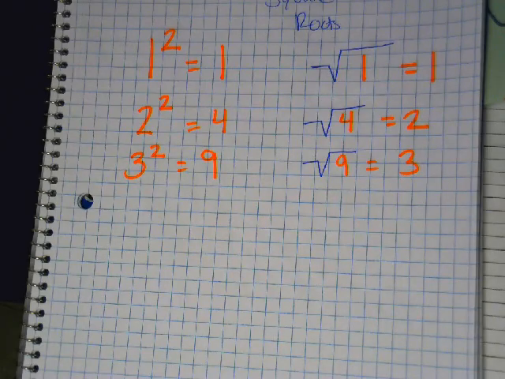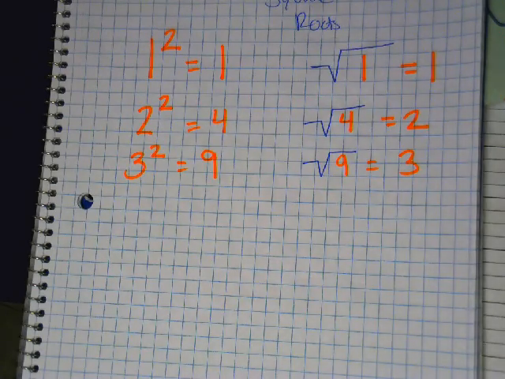So what times what equals 9? 3. 3 times 3 is 9. What number can I multiply to get 4, but it has to be the same number? 2 and 2. So 2 times 2 is 4, so the square root of 4 is 2. So this answer, we're going to plug it into the square root and we get the big number.